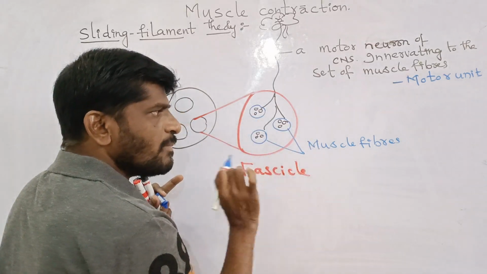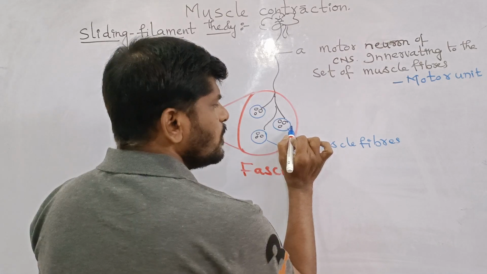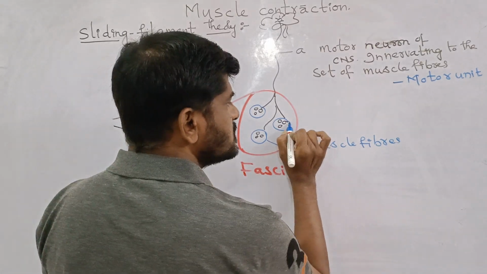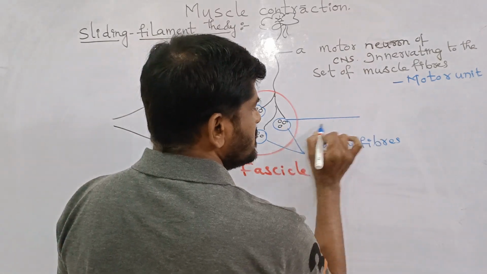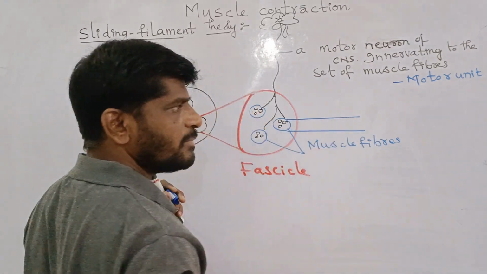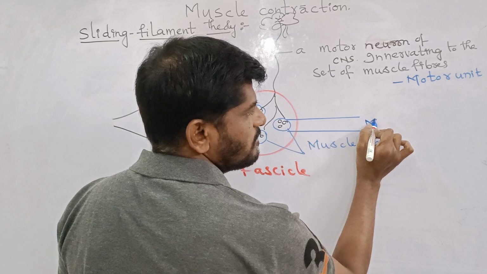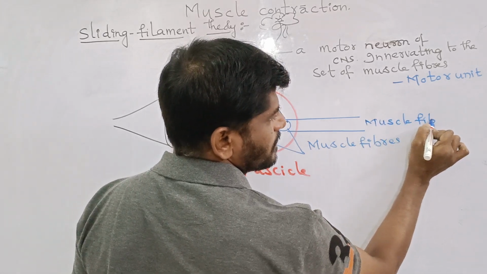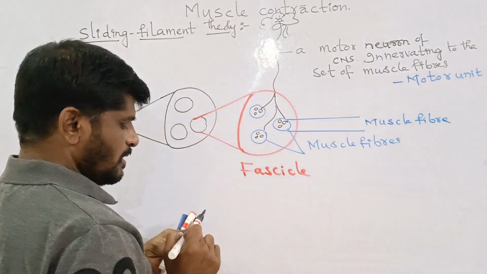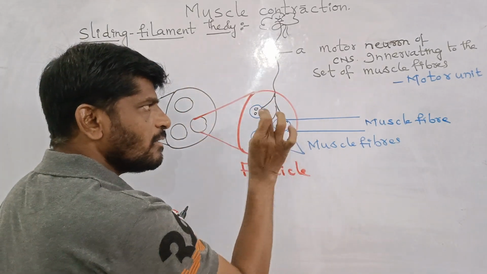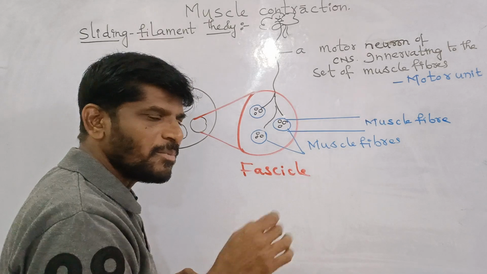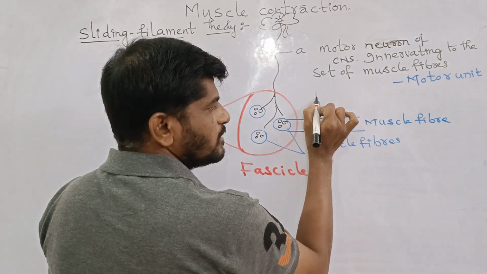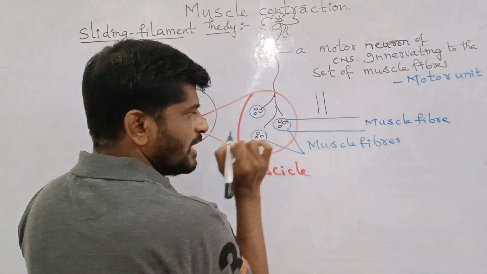If I take the muscle fiber, each muscle fiber contains myofibrils. For example, this is one muscle fiber, and this is the area where the synaptic bulbs are present. This is the axon.